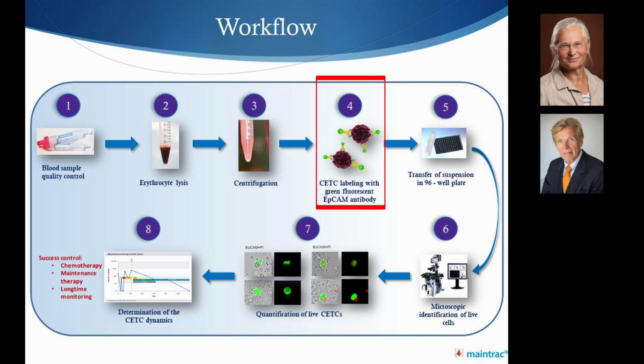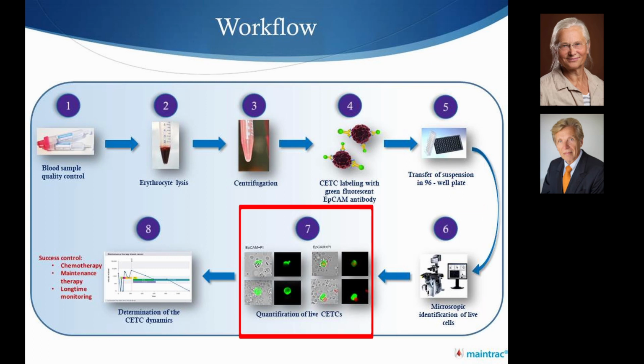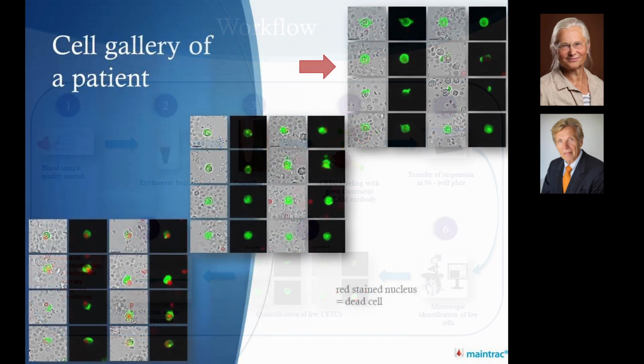The cells are then fluorochrome labeled with the anti-EpCAM antibody, and the suspension is transferred into a 96-well plate. We have this special microscope, the scan^R, which scans all the wells and detects living cells, which are displayed in 0.7. Then we can draw a trajectory of the number of cells over time.